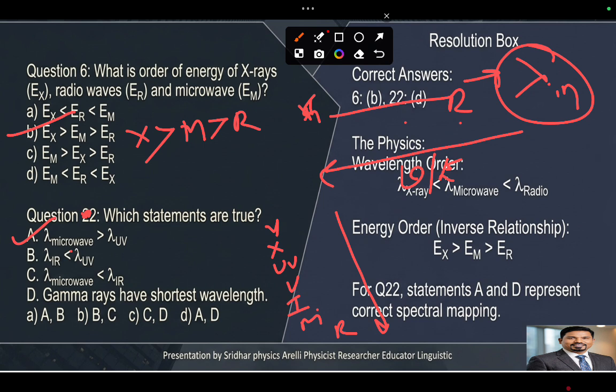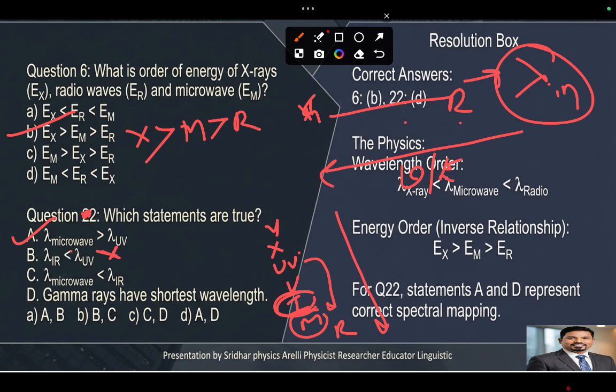So microwave wavelength is obviously greater than the UV rays. Next, IR is less than UV. So this is wrong, because IR is greater than UV. You should keep it like that, but here it is wrong.